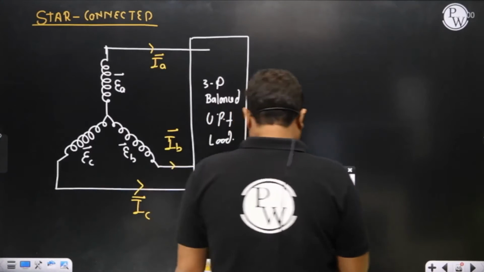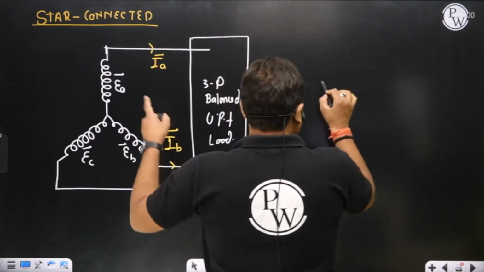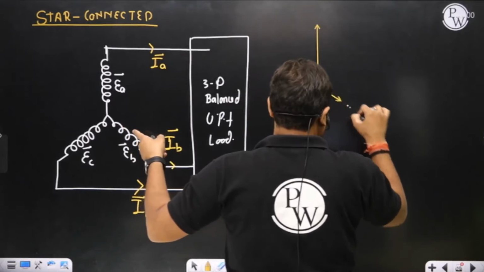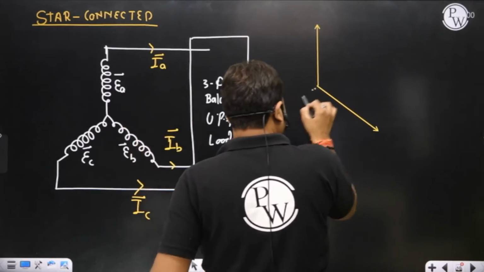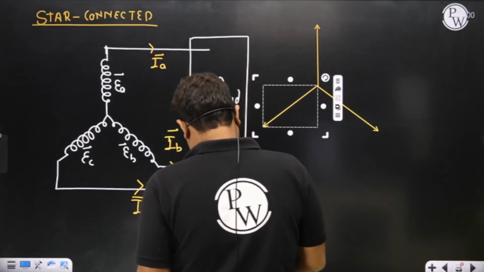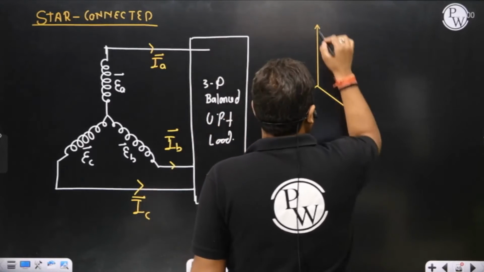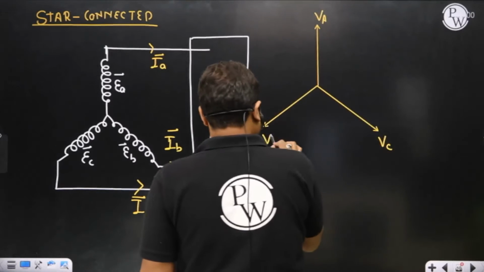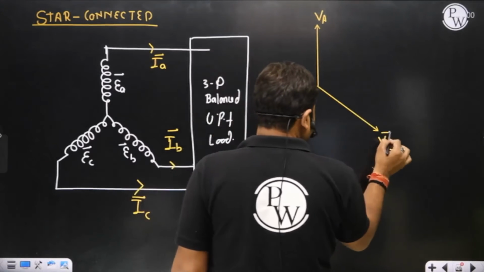How to represent this? Voltages VA, VB and VC are displaced in time by 120 degrees. Let us suppose the phase sequence is A, B, C. What is the phase sequence, sir?